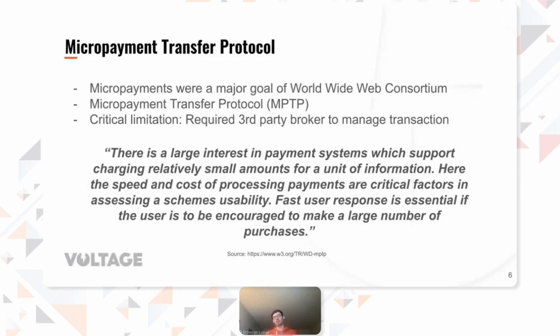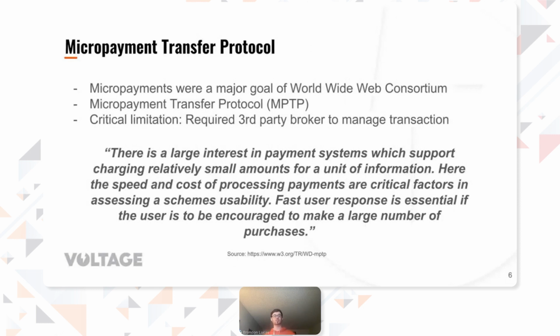Everything they thought about had to be through the lens of how someone is going to manage funds for users. There's a quote from that protocol that echoes a lot of the same problems we have with micropayments today. It says that there is a large interest in payment systems which support charging relatively small amounts for a unit of information. Here, the speed and cost of processing payments are critical factors in assessing a scheme's usability.